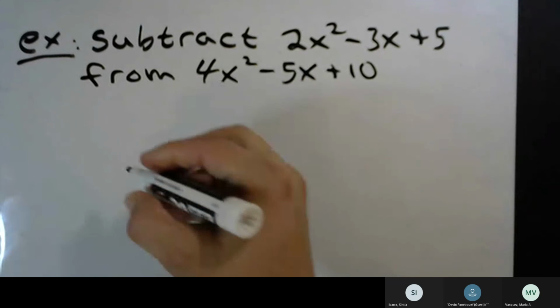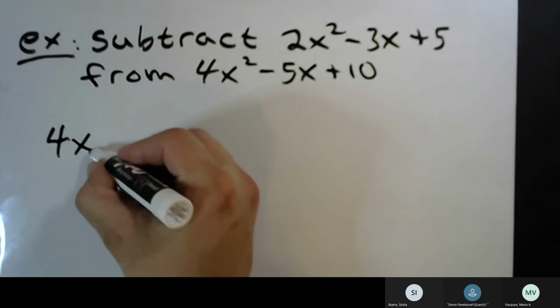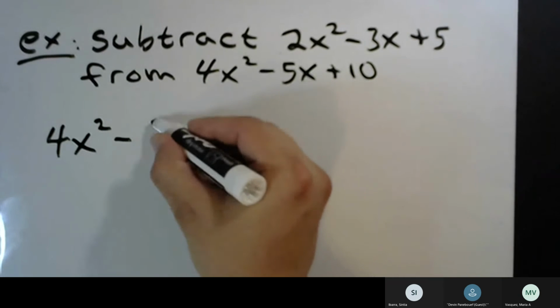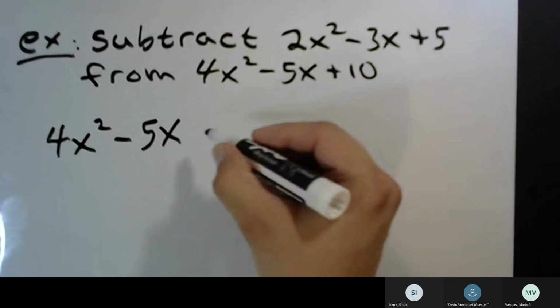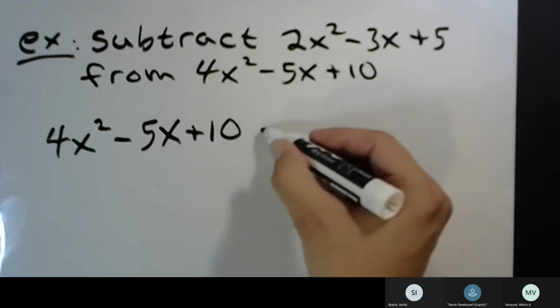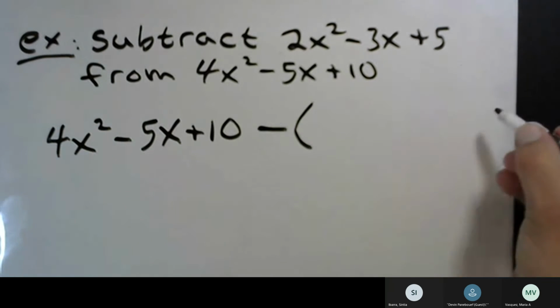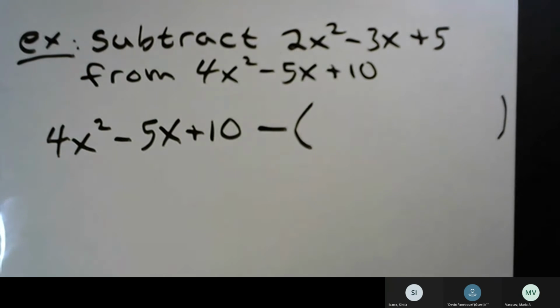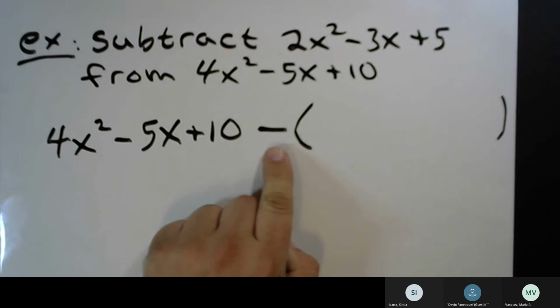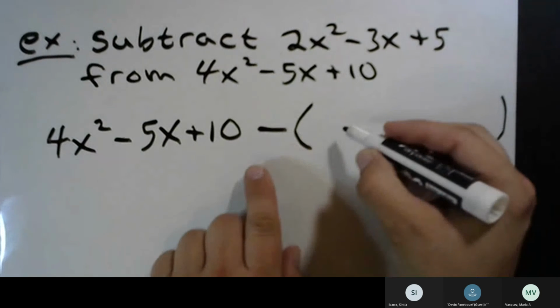So this will become 4x squared minus 5x plus 10. It's going to subtract the entire polynomial. So this is where we're going to use parentheses, and then they're going to be real meaningful. The others were meaningful too, to tell you which polynomial was which, but this is where it's going to have some mathematical consequences.